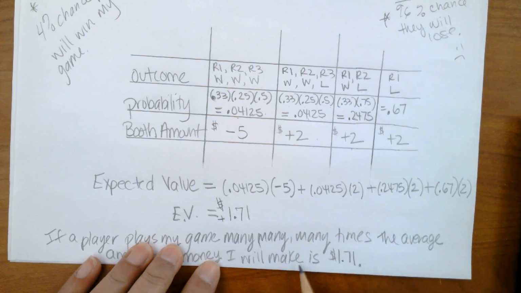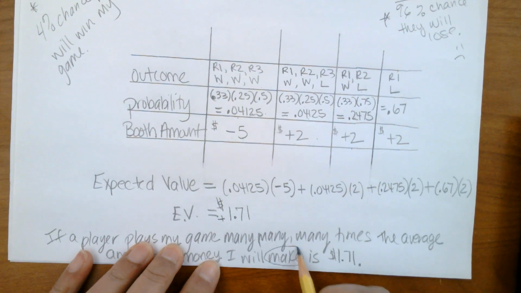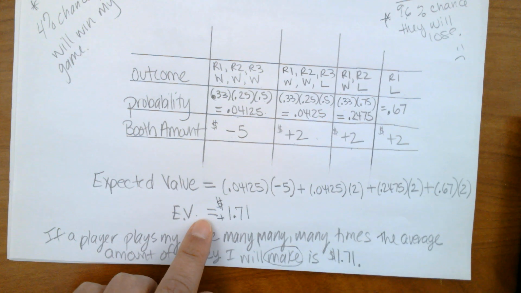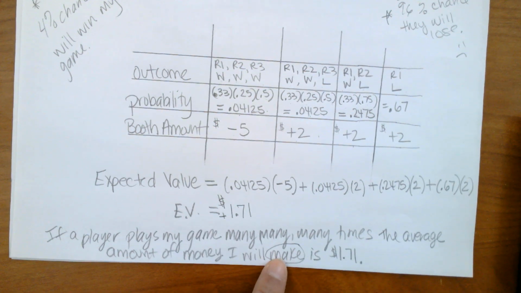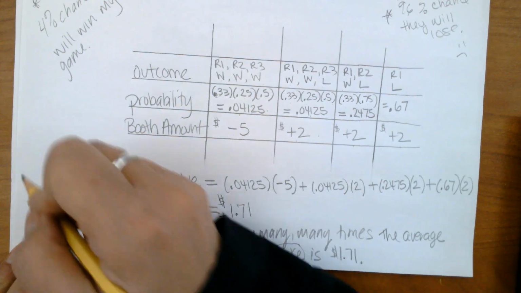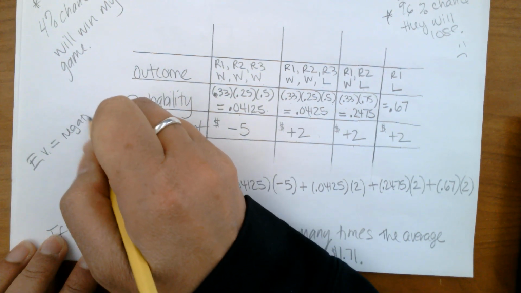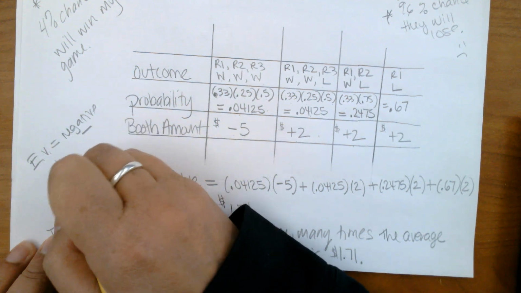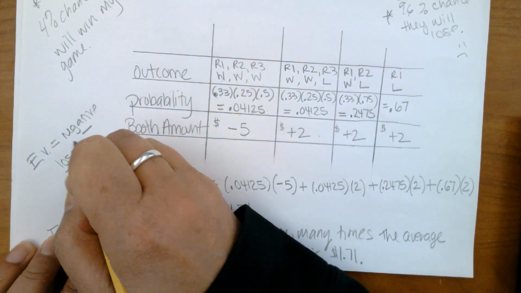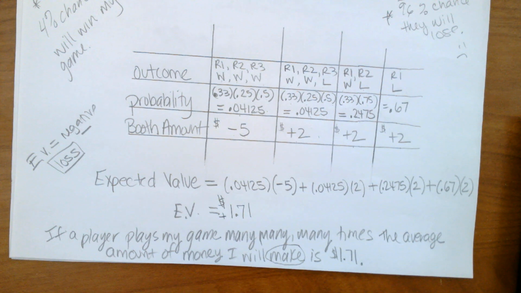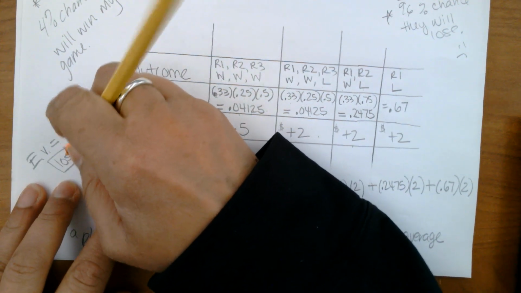This is positive, so this word is going to be make. If this is positive, I make money. If your EV is negative, then I lose. I take a loss. I lose money.